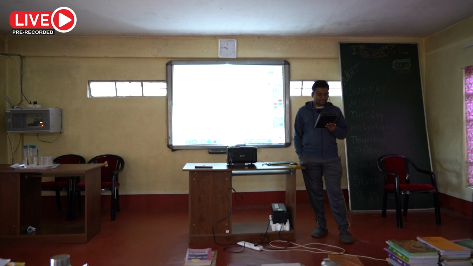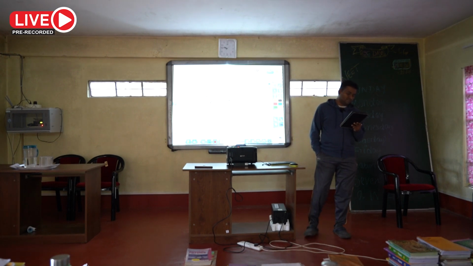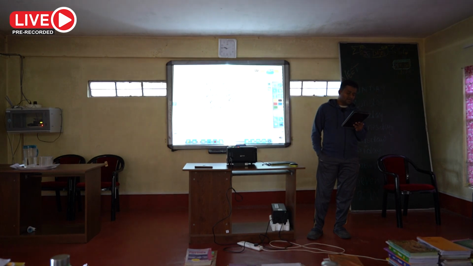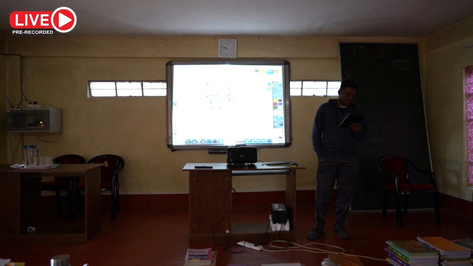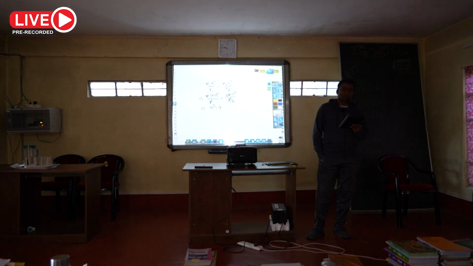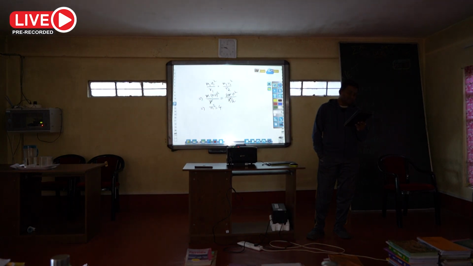Option C, pi square meter per second square, and directed towards the center. Option D, pi square meter per second square and directed tangent to the circle.